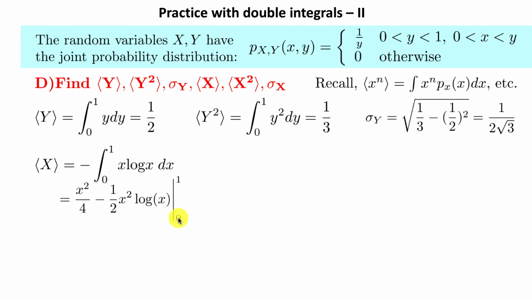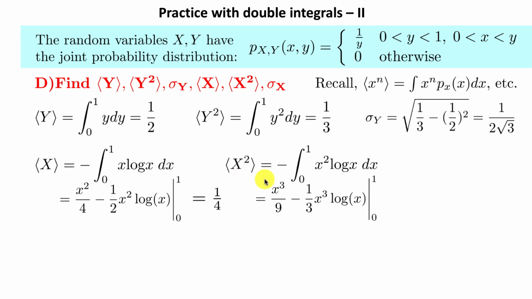Once you take limits between 0 and 1, then as before, you will get 1/4. We can go on to the average of x squared. Here, the only difference is that you have 2 powers of x instead of 1 power of x. The integration is just only a little bit more complicated, but again, here is the answer. To check this, differentiate this with respect to x, and you'll get what's above over here.